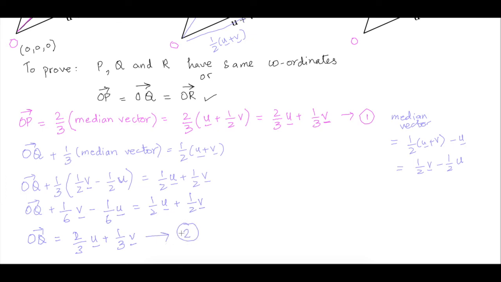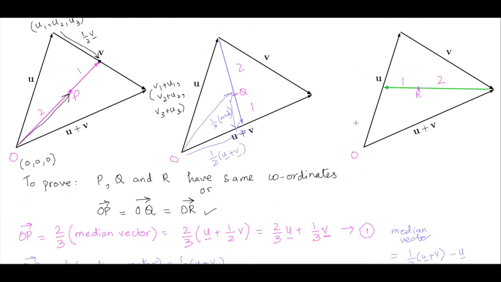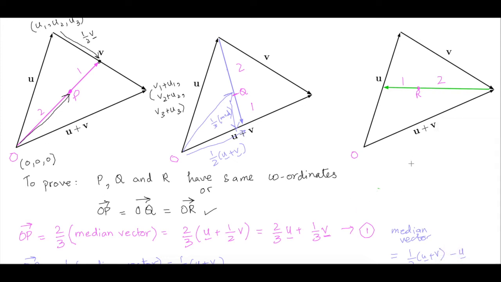Now let's go to the third triangle. For the third triangle, I will change the color to green. How do we find this OR?